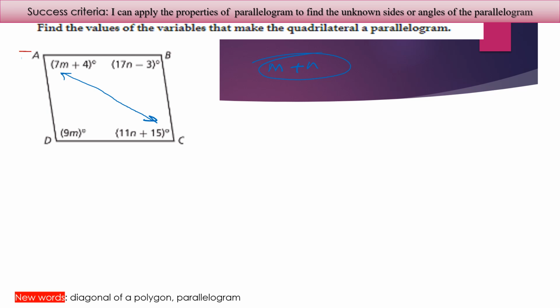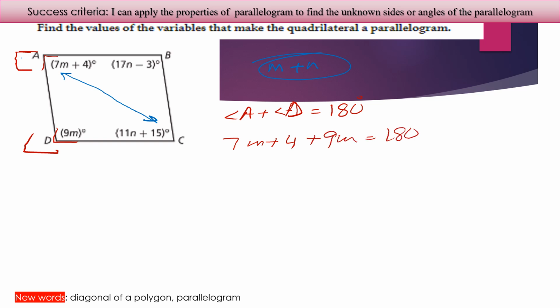So in this case, here is the m and here is the m. So I know opposite angles are equal, but besides these angles, they are equal to 180 degrees. So I can say angle A plus angle D, if I solve them, they sum up to 180 degrees. So I can write 7m plus 4 plus 9m equals to 180 degrees.